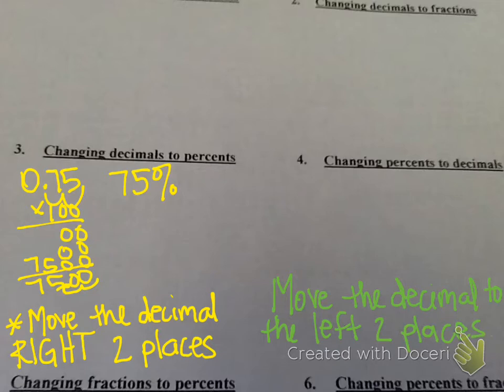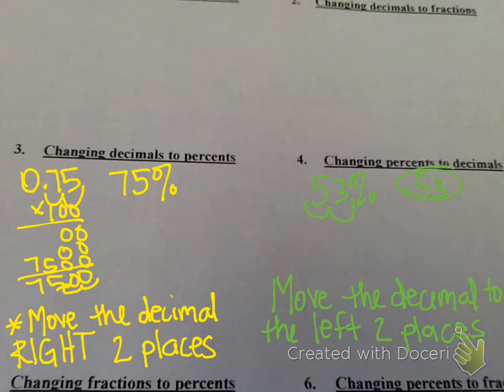So for example, if I had 53%, my decimal is after my number, so my decimal would be 0.53.